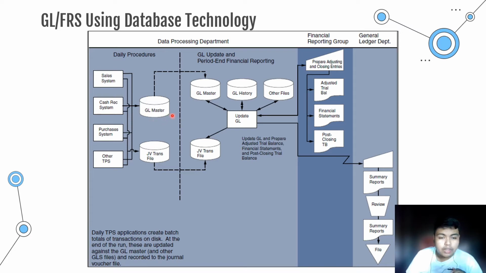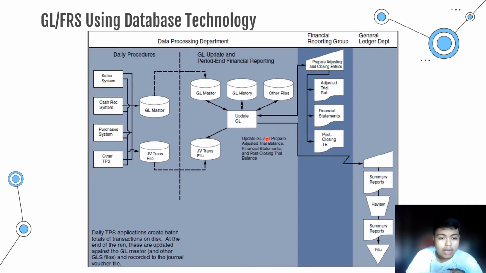So, dito sa general master file naman, i-update natin yung general ledger. Then, after ma-update, we will prepare the adjusting and closing entries, and we can generate the adjusted trial balance, financial statements, and post-closing trial balance.